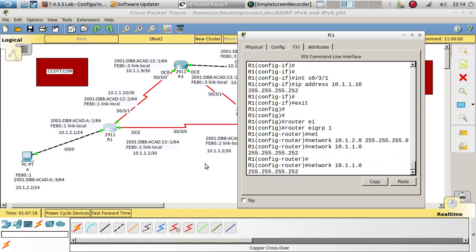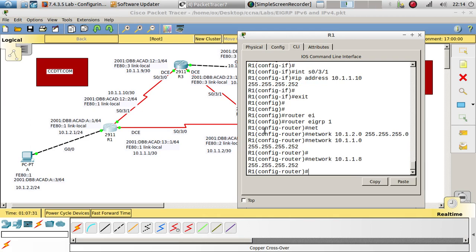And let's do the other one, which is this one over here, 10.1.1.8. Okay, so that's good.